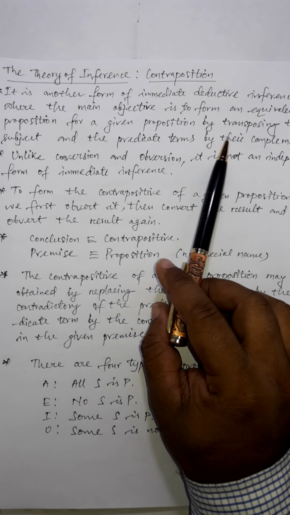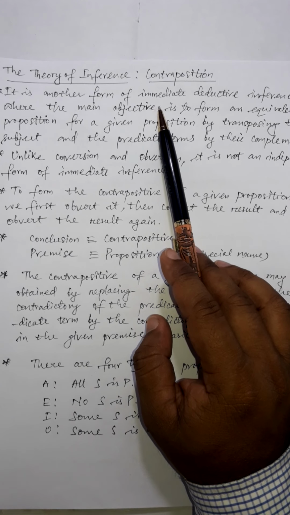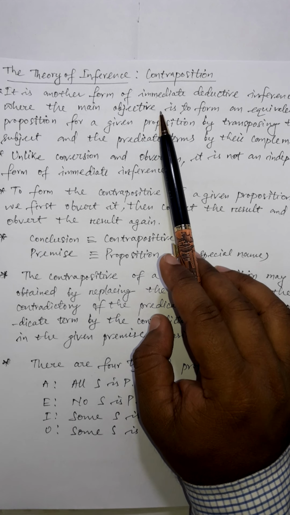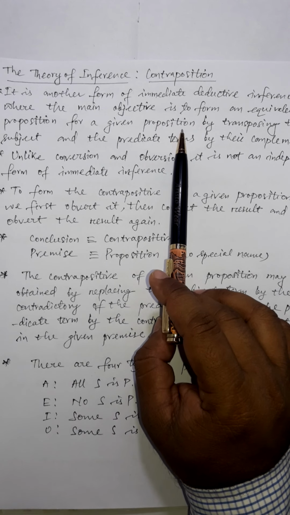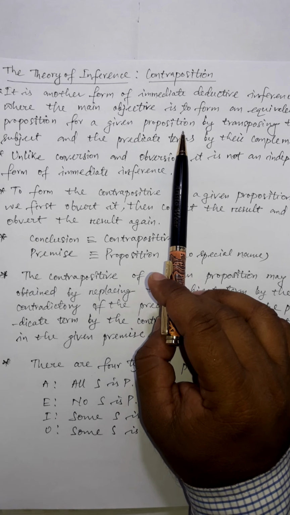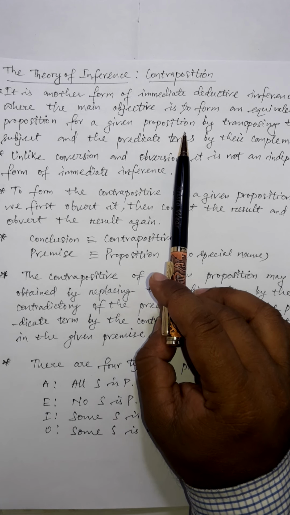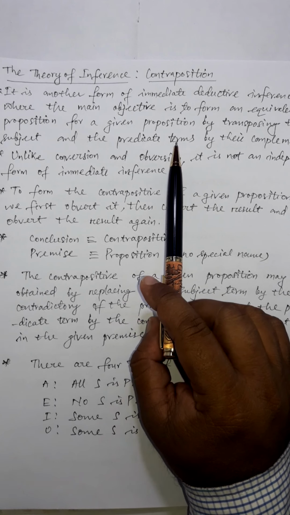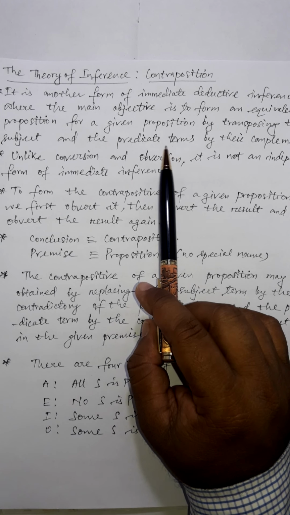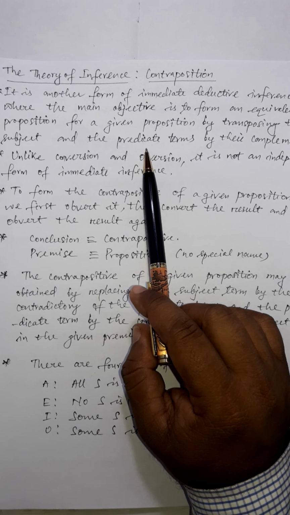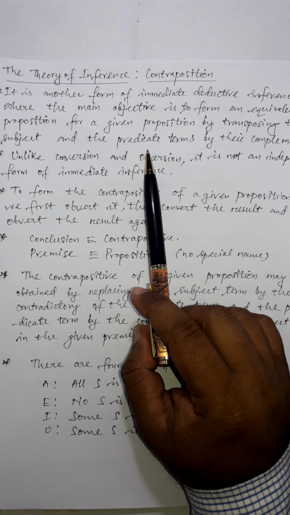Here in this process we are going to get an equivalent proposition, meaning a proposition which will have the same logical meaning, by doing some experiments on its subject and predicate terms.